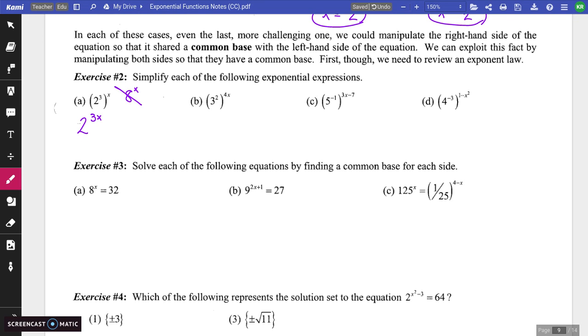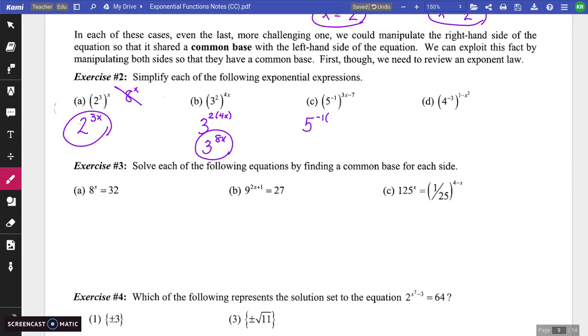Okay, B, 3 squared to the 4x power. So again, power to a power. You take 3, and then you do 2 times 4x, so this would be 3 to the 8x power. Okay, C, 5 to the negative first to the 3x minus 7 power.